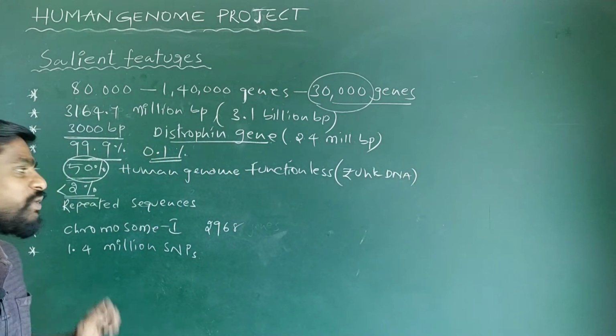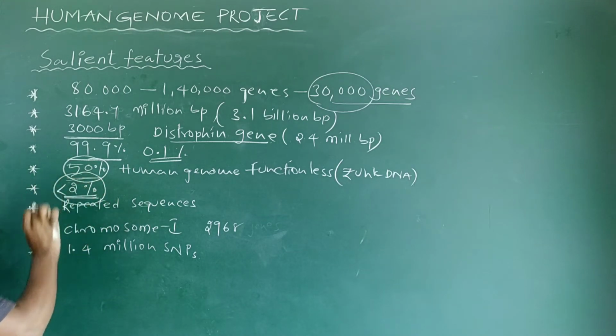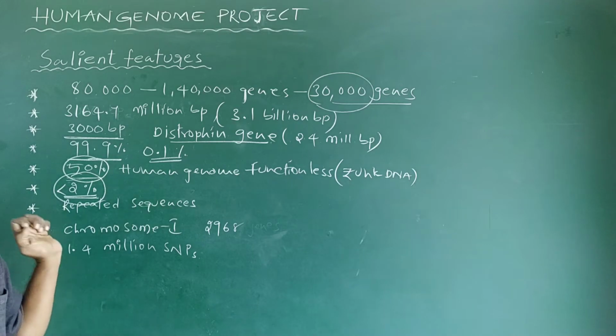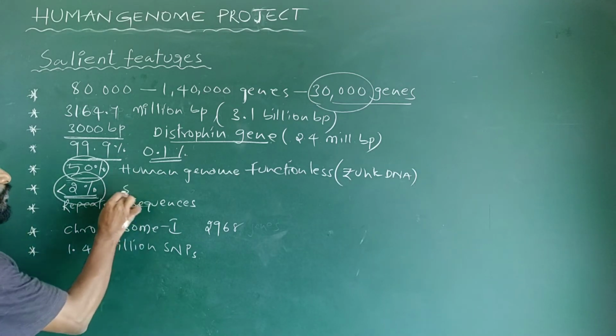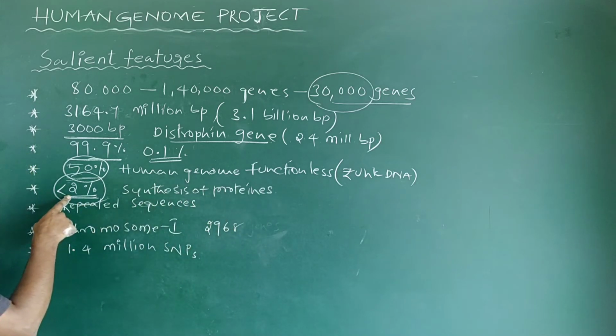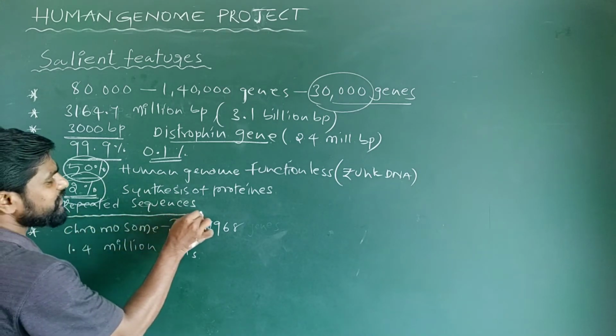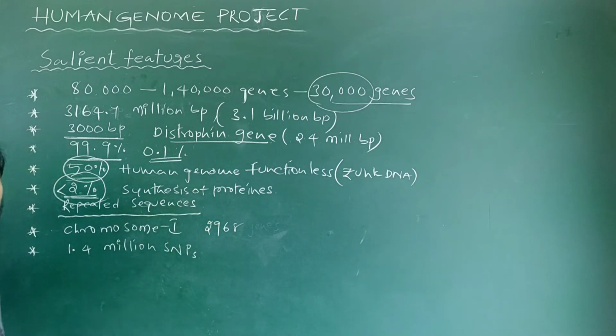The Human Genome Project has also revealed one more interesting fact, that less than 2% of the human genome is involved in the synthesis of proteins. How much genome is involved in the synthesis of proteins? Only less than 2%.